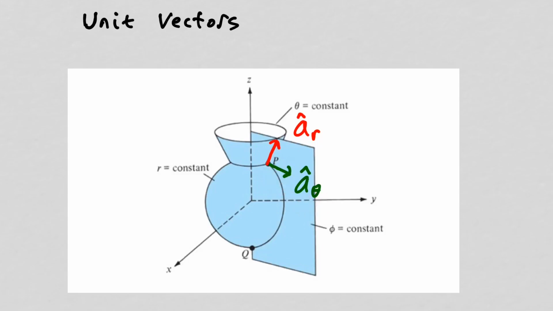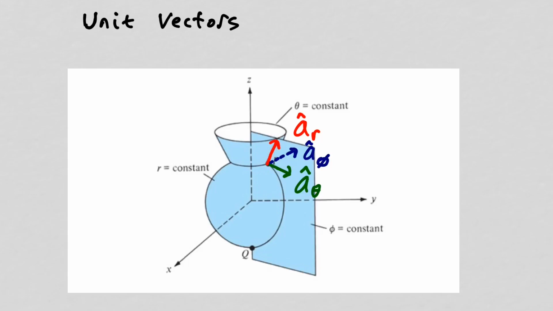Phi getting larger means this plane would sweep in the direction of this arrow here. So this is our unit vector in the phi direction. At point P, these three unit vectors are all orthogonal.